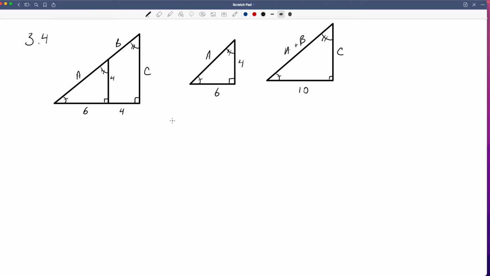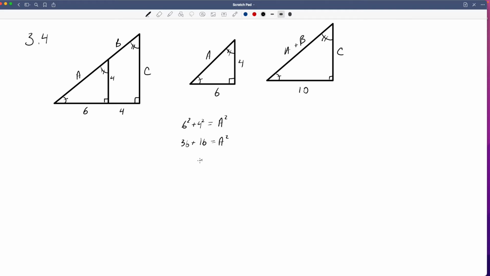So let's go ahead with the way that we know we need to do this. So we have a missing A here, and that's the hypotenuse of this triangle. So we can easily find A. We're just going to do 6 squared plus 4 squared is equal to A squared. That's 36 plus 16 is equal to A squared.